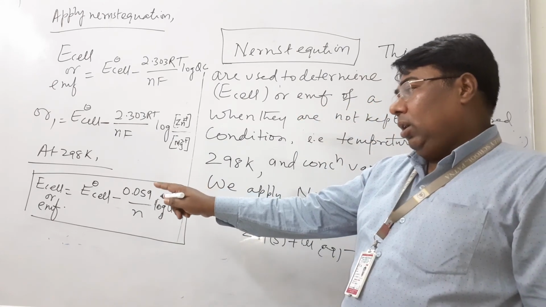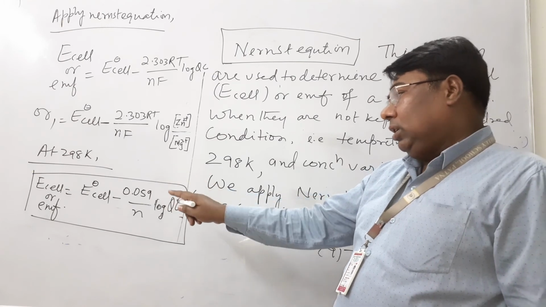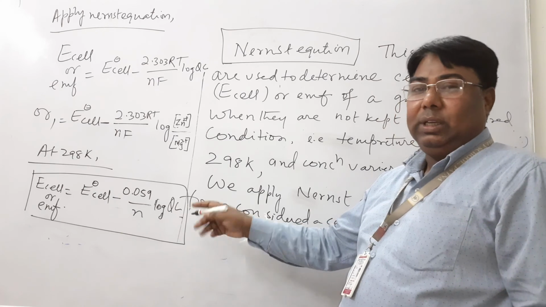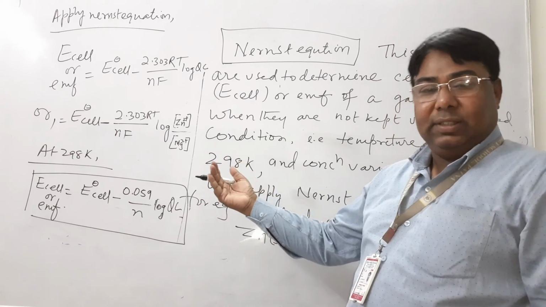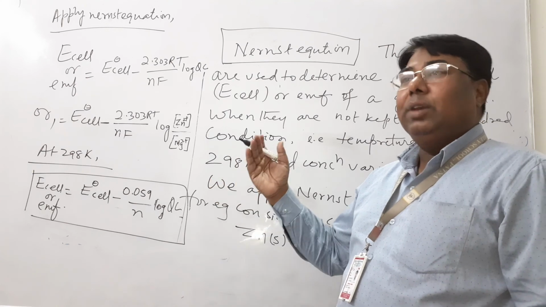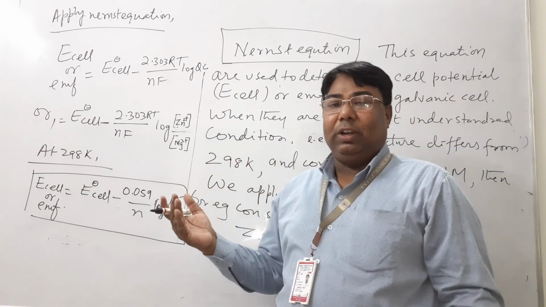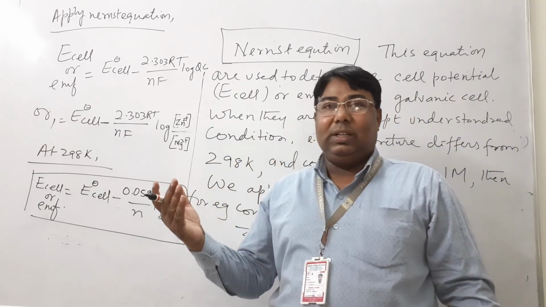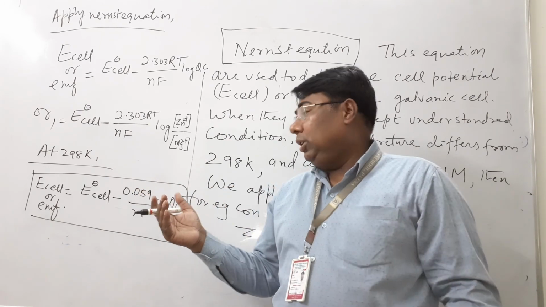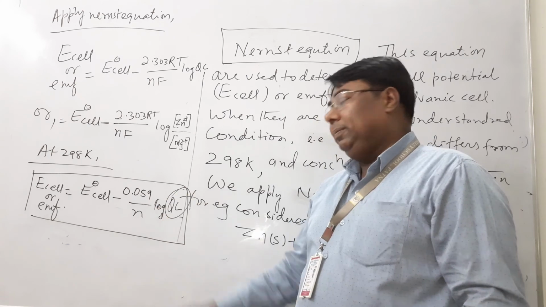E cell or EMF is equal to E naught cell minus 0.059 by n log Qc, or you can write Kc also. Kc is applied only in the case of equilibrium, but it is not necessary that an equilibrium condition is present anytime. Therefore we use Qc.